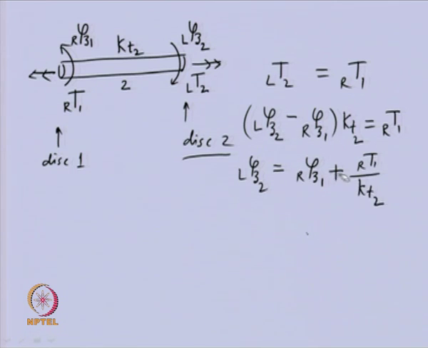So, this is the rearrangement of the second equation. So, we have one equation this and we have another equation this.